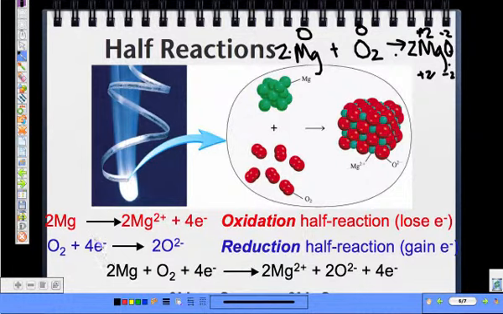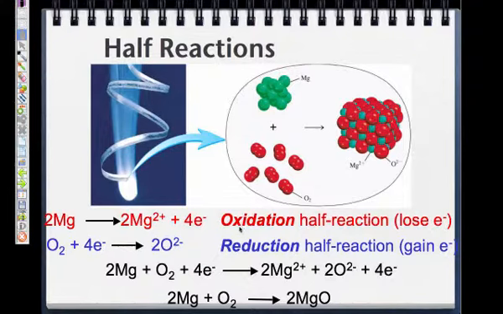It took those 4 electrons that magnesium lost, and each oxygen took 2, which is why it becomes 2-, and there's 2 oxygens. Then they wrote out all of the ions with the electrons. The electrons basically cancel out because you lost 4, gained 4, and you get this final equation.